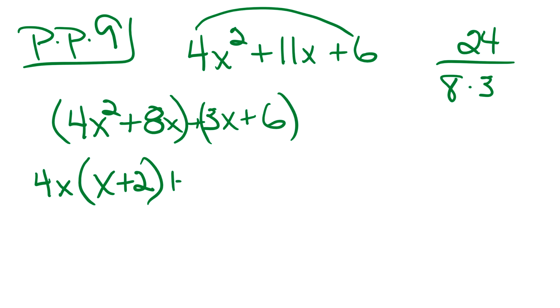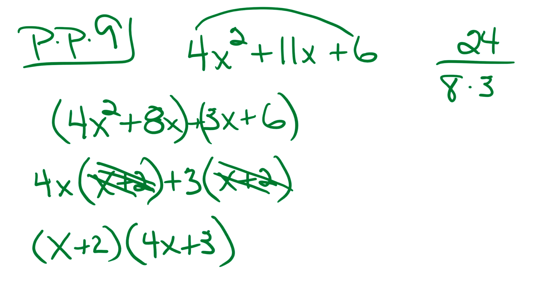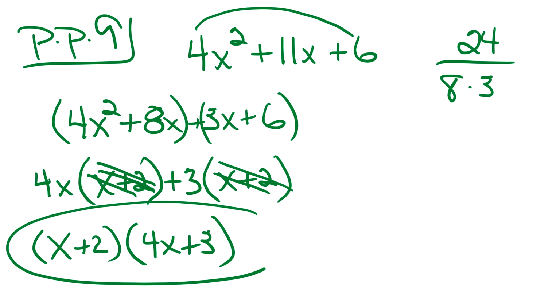Bring down my plus sign here, and on the right side, I can take out the 3, and I'm left with x plus 2. Factoring out the common binomial factor of x plus 2 leaves me with 4x plus 3. Done.